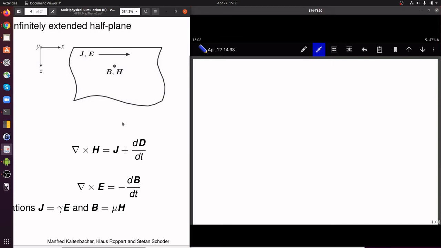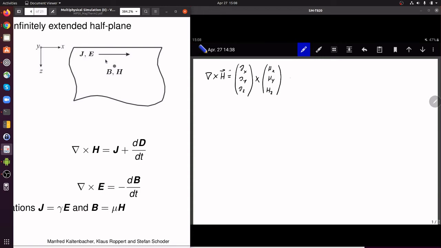So how does this curl operator act on this infinite half-plane? That's nothing new. The curl of H can be written as the nabla operator (dx, dy, dz) cross product with the components of the vector.